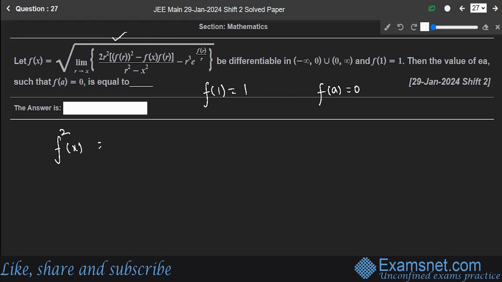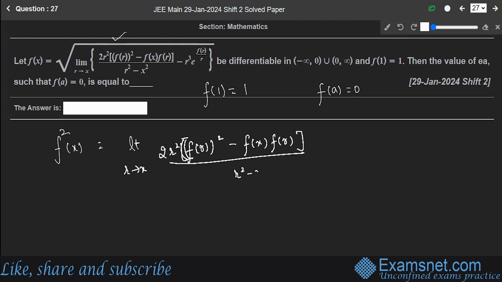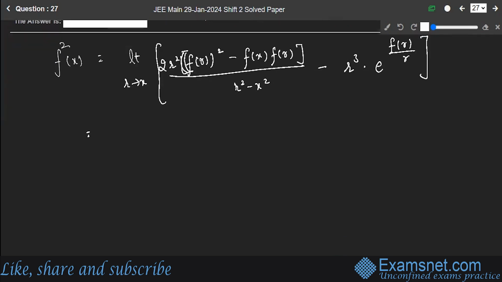So I can write it as f square x is equal to limit r approaching x of r square f of r whole square minus fx into fr, brackets close, whole thing divided by r square minus x square, minus r cube into e power f of r upon r, this whole thing, right? What I will do, limit r approaching x, this is 2r square.